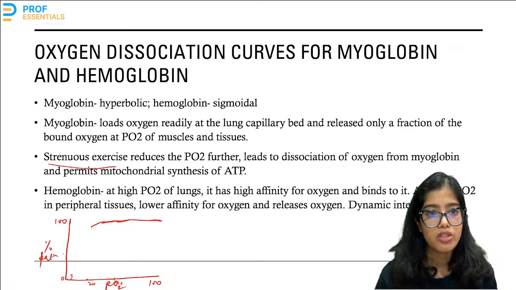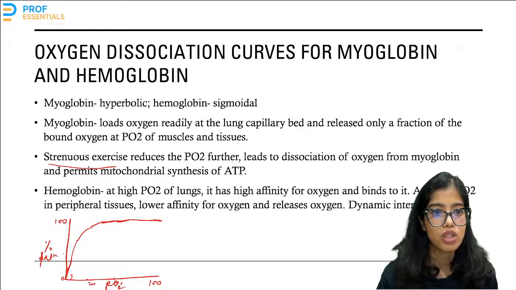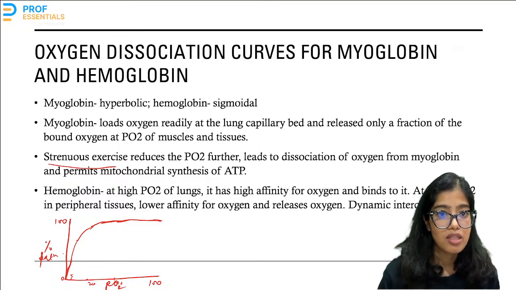If the partial pressure is reduced to around 5, it is then that the oxygen will dissociate from the myoglobin molecule. So this is the curve. Only when the partial pressure comes down to around 5 does the percentage saturation of myoglobin decrease. Otherwise, it is stable. So this type of curve is a hyperbolic curve for myoglobin.